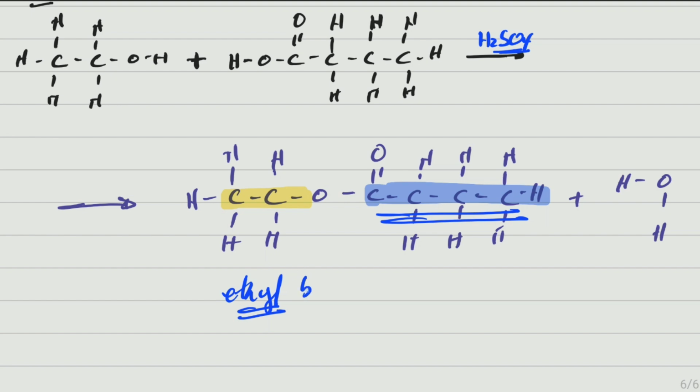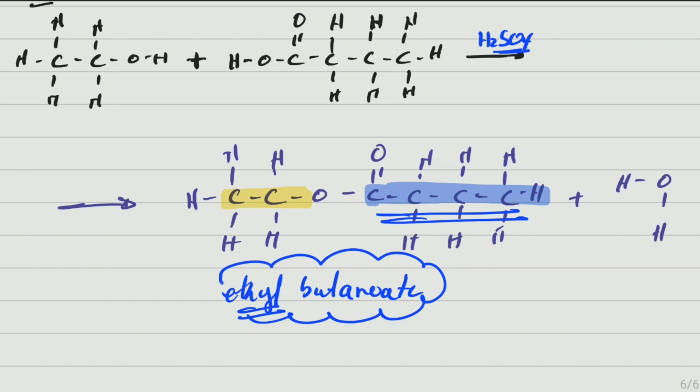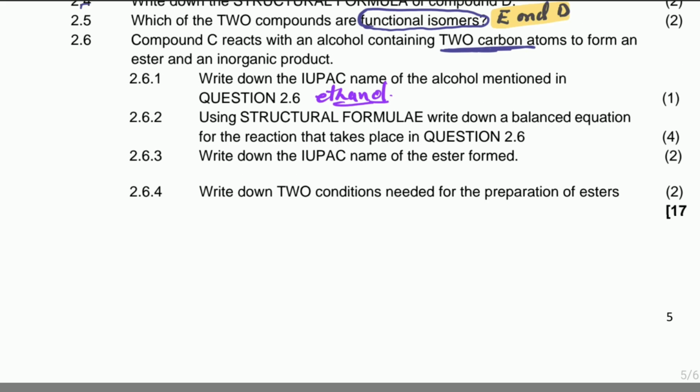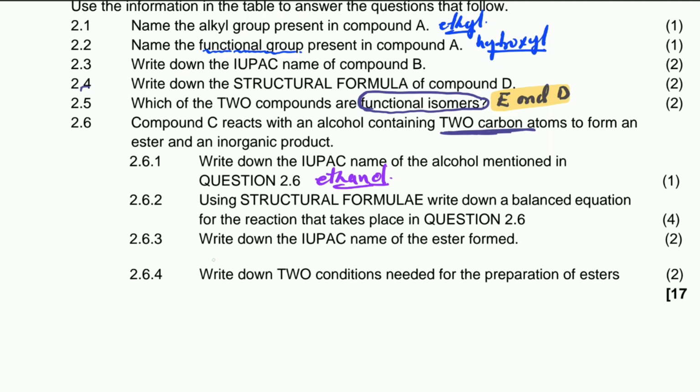So ethyl butanoate. Once more, I have a video on this one. I leave the link. Try to watch it, guys, because esterification is a video on its own. So ethyl butanoate is the answer for this question here. I'm going to write it here. Ethyl butanoate, that is the answer.